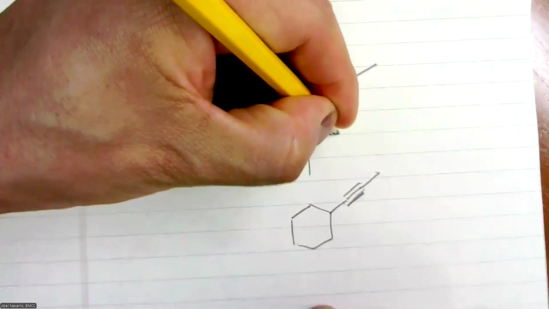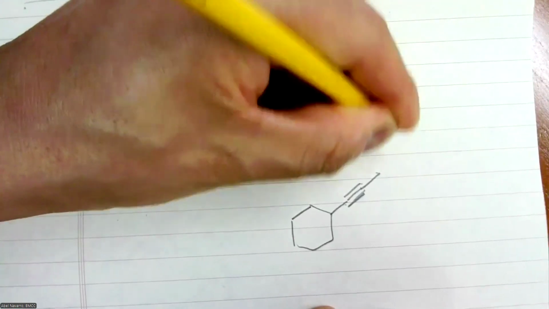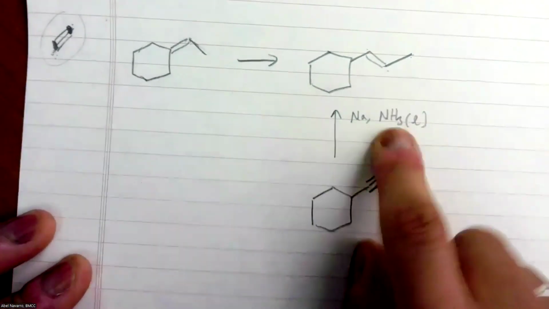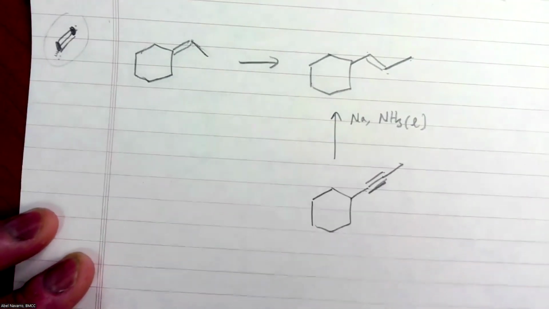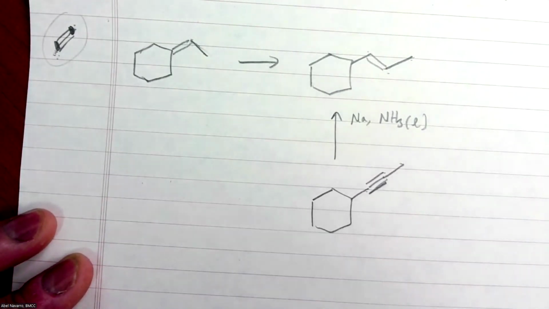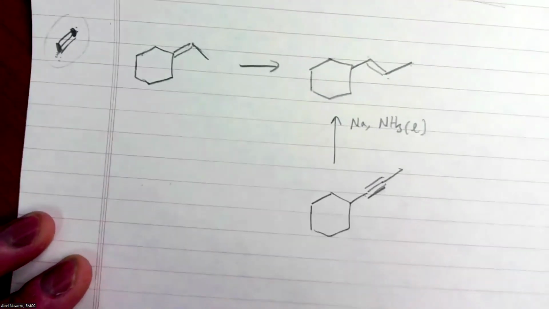What did I do to this? Sodium in liquid ammonia to make it trans. Can I use Lindlar catalyst with hydrogen? No, because that one will give you the cis. And you cannot just use plain hydrogen with palladium, because hydrogen with palladium will reduce it fully to the alkane.